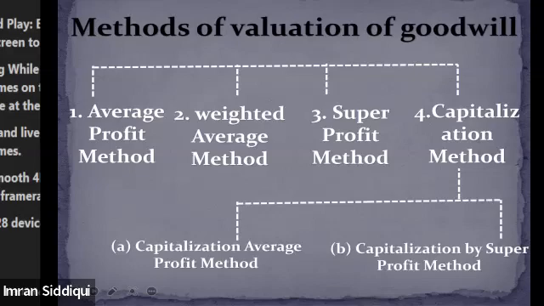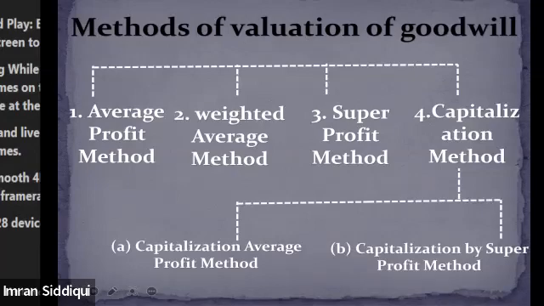If you're able to recall, you must remember that the entire topic is completely formula based. We have the formula to calculate goodwill by the average profit method, then a different formula under the weighted average method of valuation of goodwill. So there are four different formulas, one for each method, based on which we will be calculating goodwill.